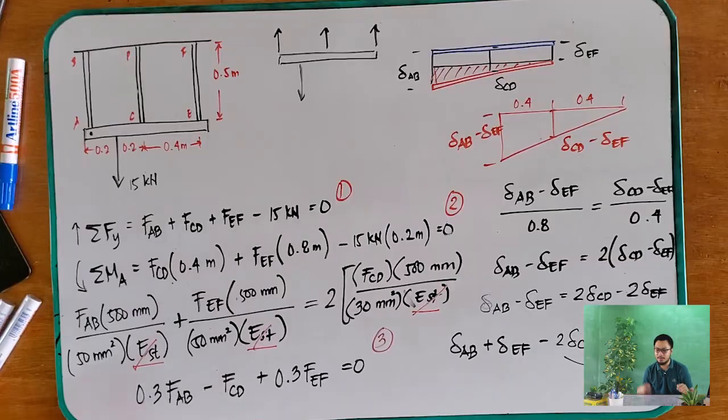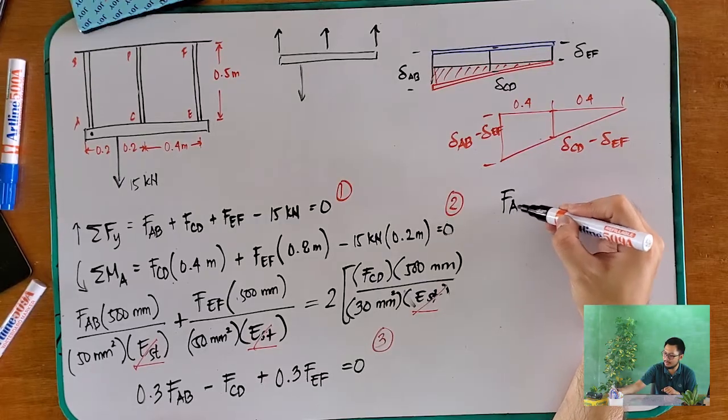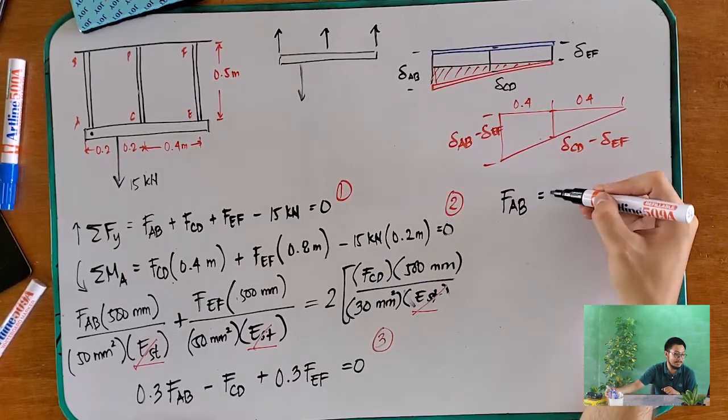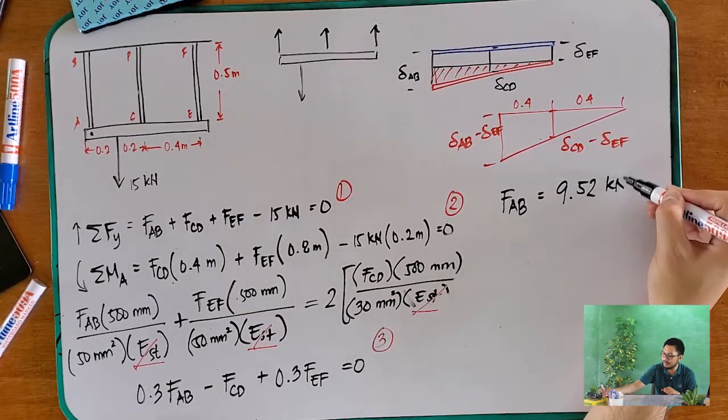And now, you already have 3 equations to cater your 3 unknowns. Then, calculating using your calculator, you will get that the answer of your FAB is 9.52 kilonewtons.